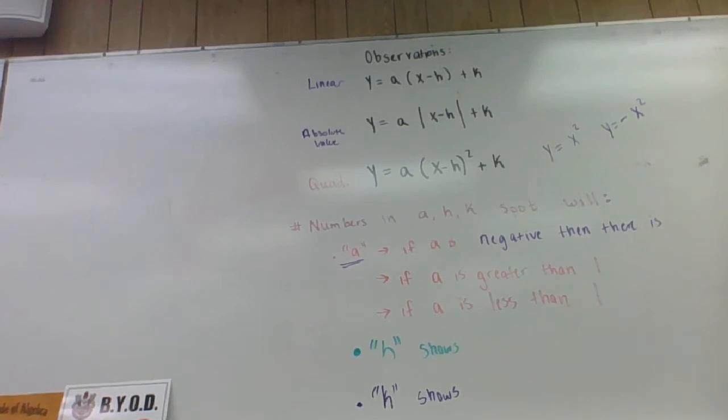There was one negative, I think, in your homework. What will happen if I put a negative sign in front of the x squared? What will happen to the parent function? It will show a reflection. It will cause all of the y values, instead of being positive, to reflect down. So if a is negative, then there is a reflection.